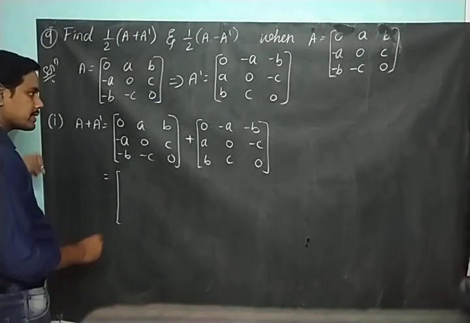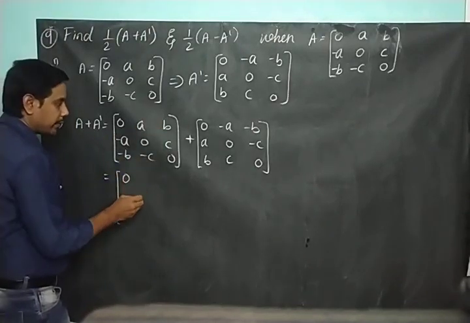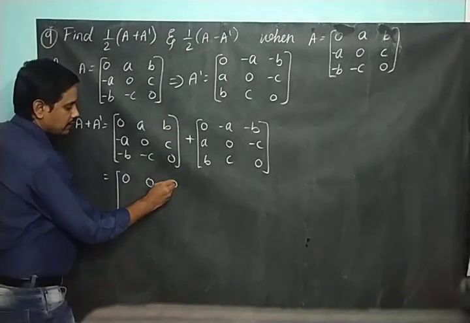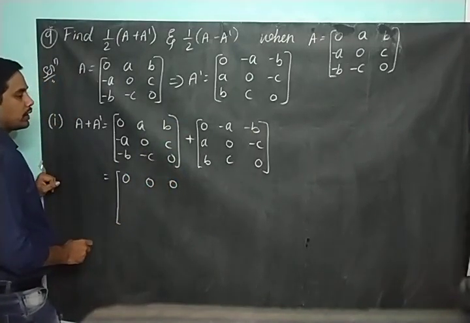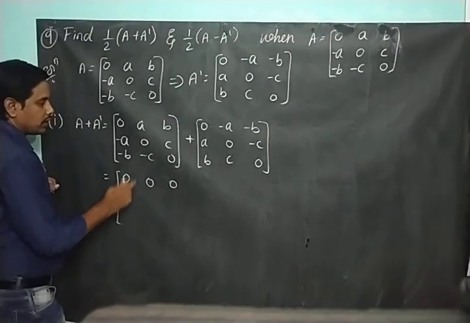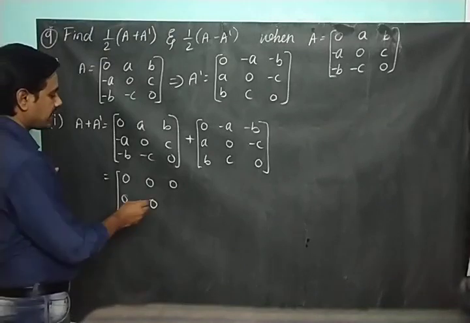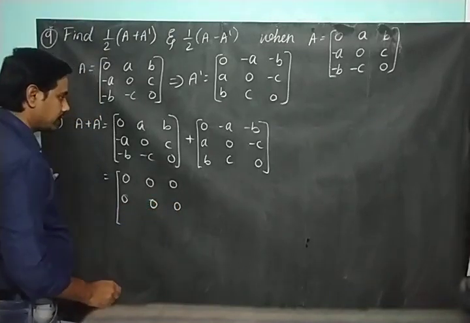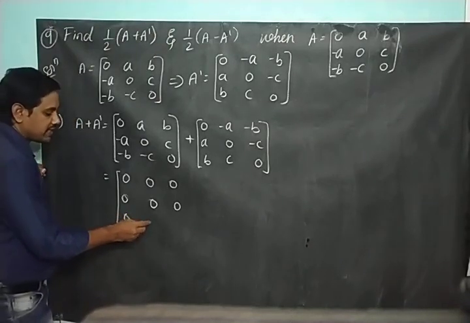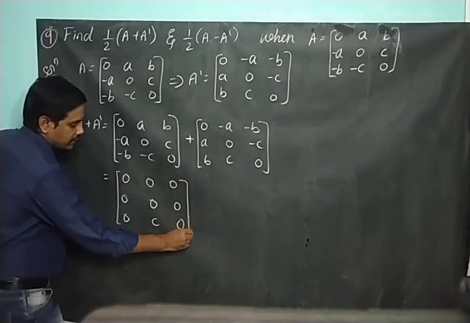What is this? 0 plus 0 is 0, A minus A is 0, B minus B is 0, minus A plus A is 0, 0 plus 0 is 0, and C minus C is 0, minus B plus B is 0, minus C plus C is 0, and 0 plus 0 is 0.